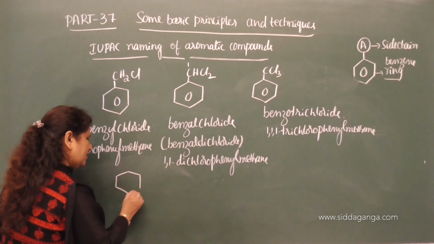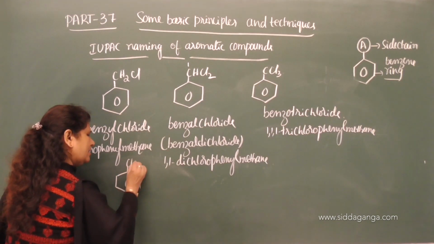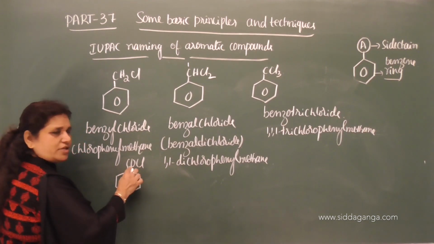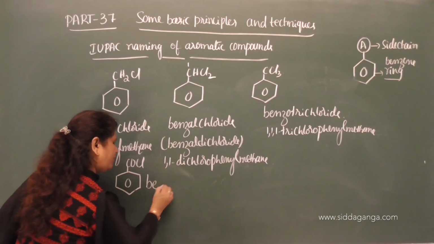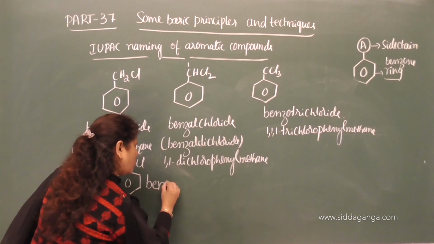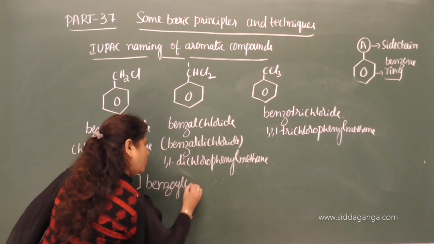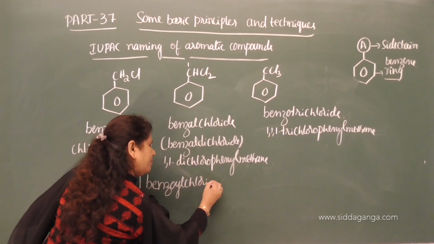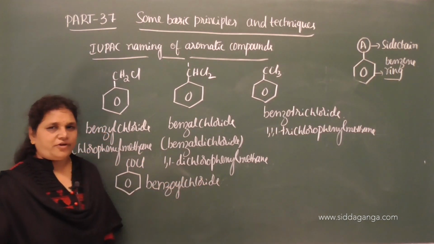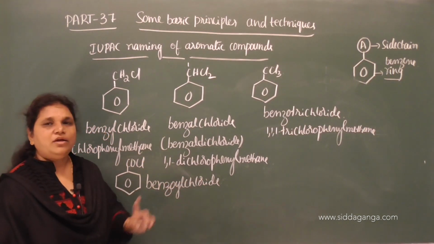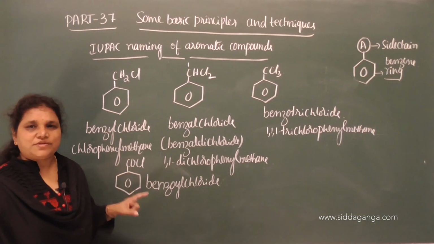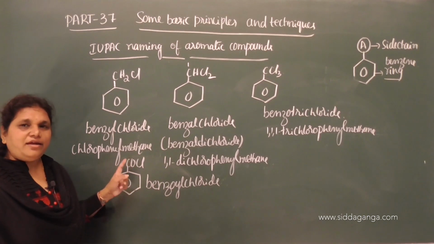COCl, and you know that C6H5CO is benzoyl. So therefore the commonly used name here is benzoyl chloride. But COCl is an acid chloride functional group containing carbon.